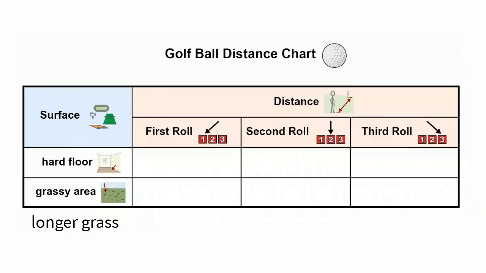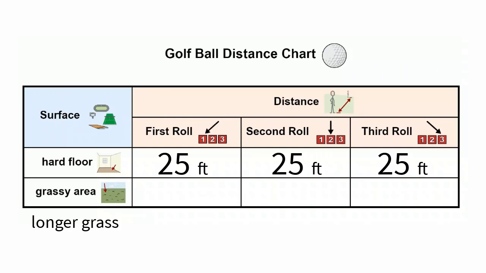So let's go ahead and collect our data. What did we notice? For the hard floor, when I rolled the ball off the ramp, it went over 25 feet on all 3 rolls.